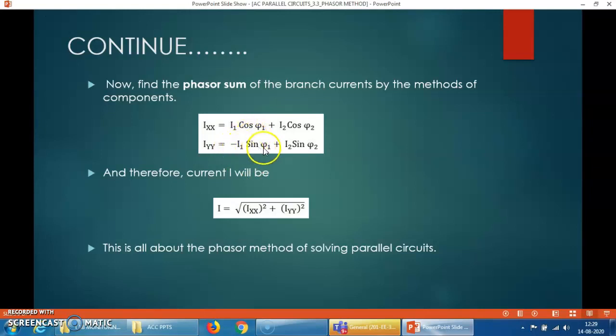So minus I1 sin phi 1 plus I2 sin phi 2 gives the y component. By taking the phasor or vector sum, the current I is equal to the root of Ix square plus Iy square. So this way you can solve any AC parallel circuit using the phasor or vector method. Hope you understood. Thank you.